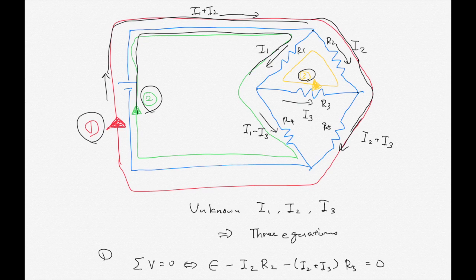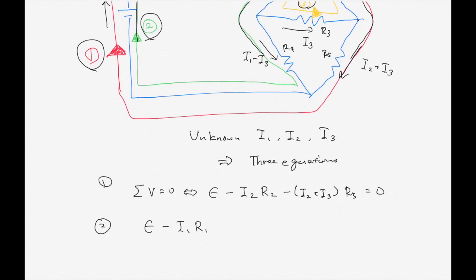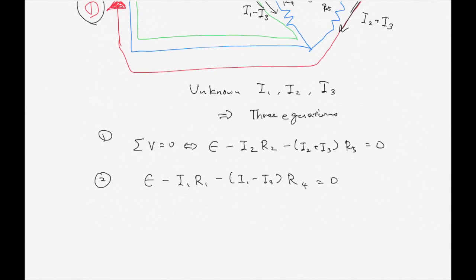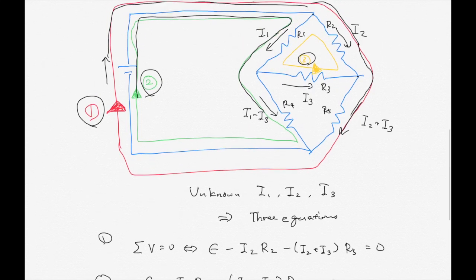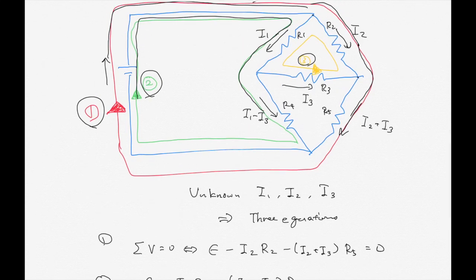And in the same direction of this current, minus I sub 1 minus I sub 3, R sub 4 equals 0. For the loop 3, loop 3 is the inner loop.